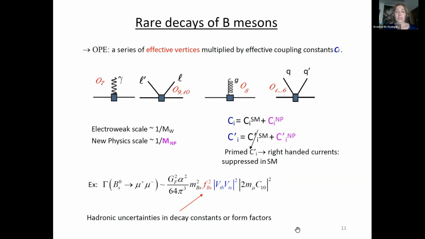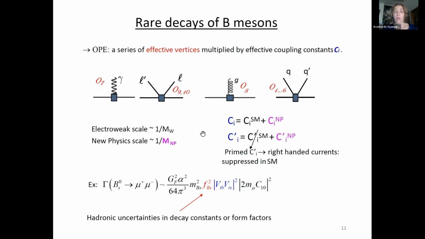You have different operators depending on the process that we are involved in, and then you have different coefficients. For instance, you have the photon operator, the leptonic operator, the quark operator. They have different numbers, and each coefficient is related to the kind of process that you have in the loop.